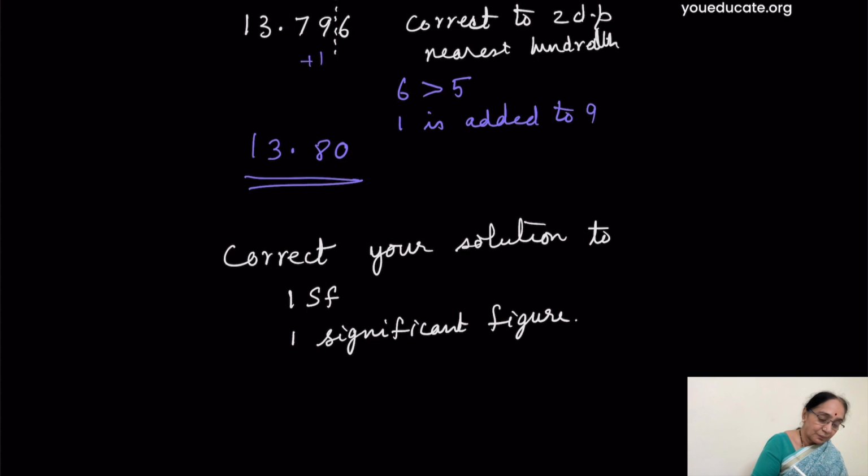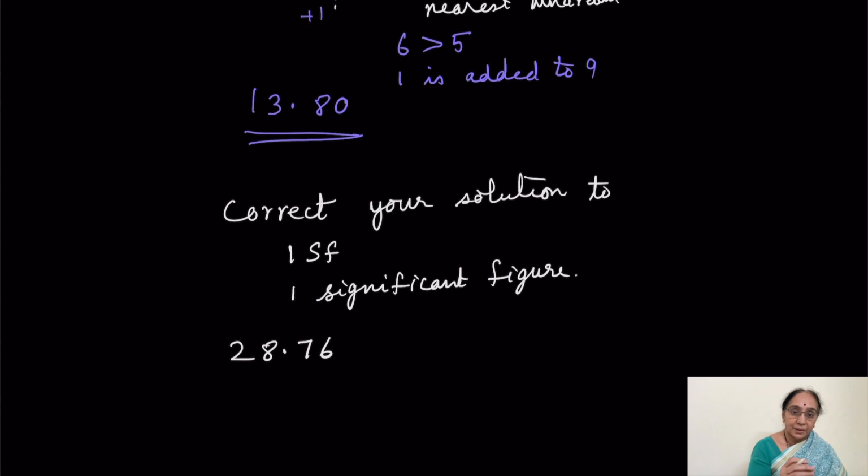This can be explained with an example, 28.76. Now you can see there are 4 numbers: I can see 2, 8, 7, 6. But when I want to correct it to 1 significant figure, I should see only one number which is not 0. The rest of them should be zeros. Here the most significant digit, the one with the highest value, is 2. You retain that and then see what you have after that, just like rounding numbers.